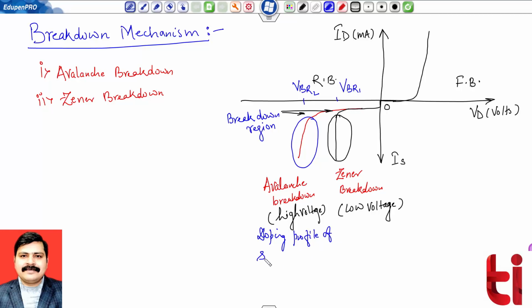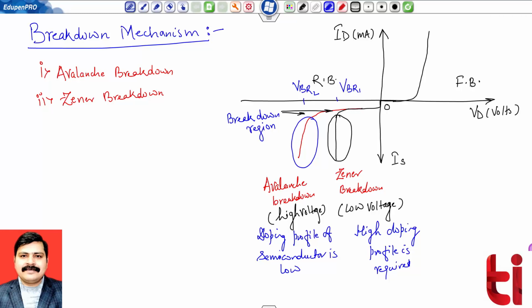However, in case of Zener, a high doping profile is required. So this is a sort of comparison between these two, Avalanche and Zener.